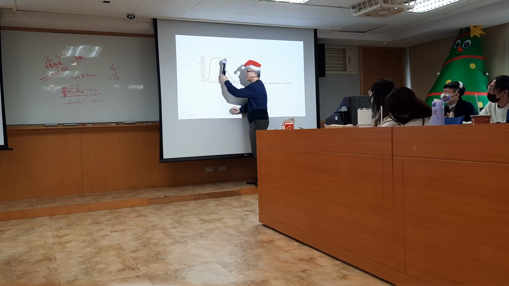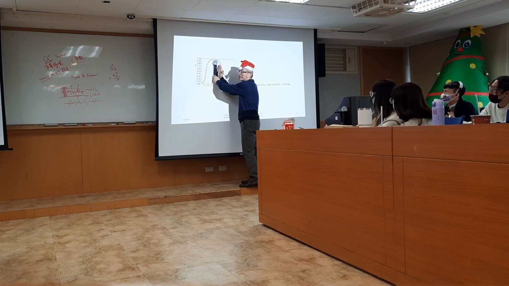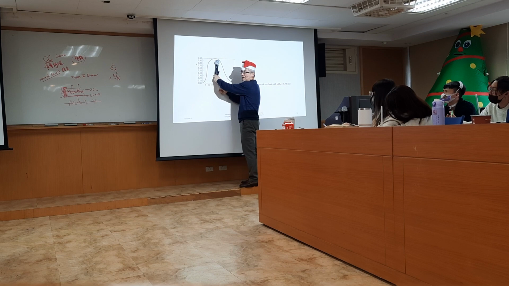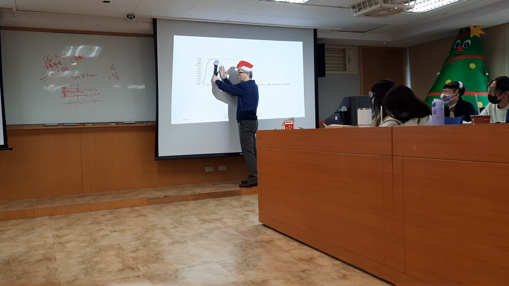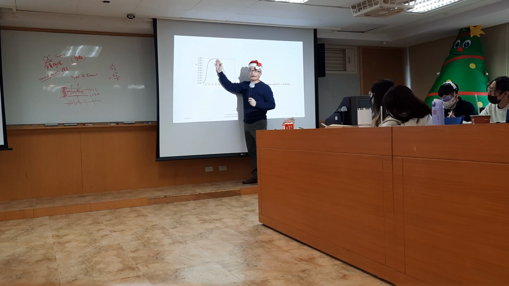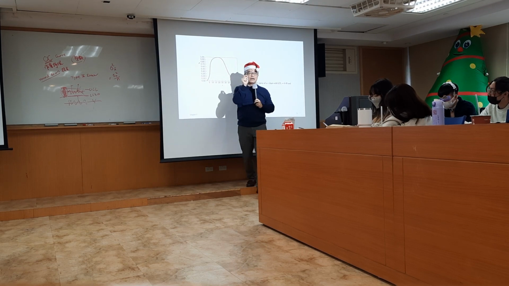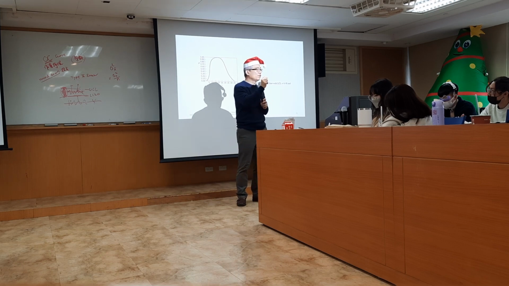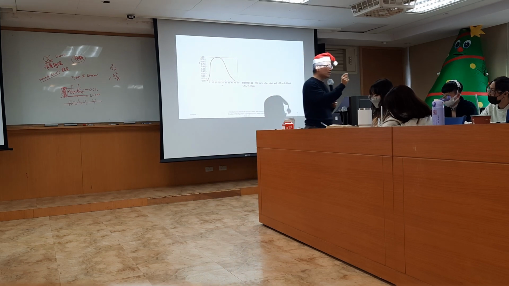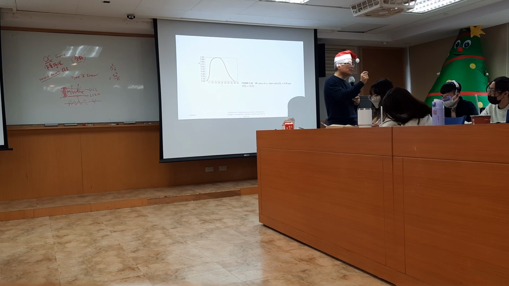Since the center is right here, close to the real value, you are more likely to commit a type 2 error. Why? Since the difference is so small, it is very difficult to identify such a tiny difference. So we are more likely to commit a type 2 error.